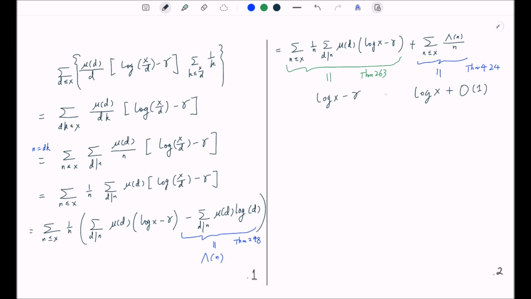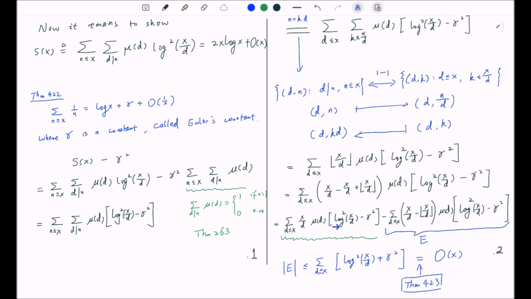So in the end, the whole thing will be simplified to twice log of x plus a big O of 1. Since this gamma is a constant, we merge this into big O of 1. And we plug this back to here.